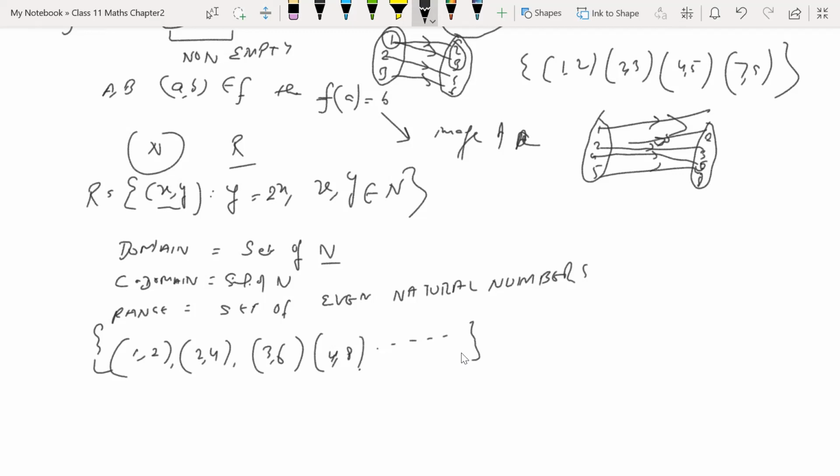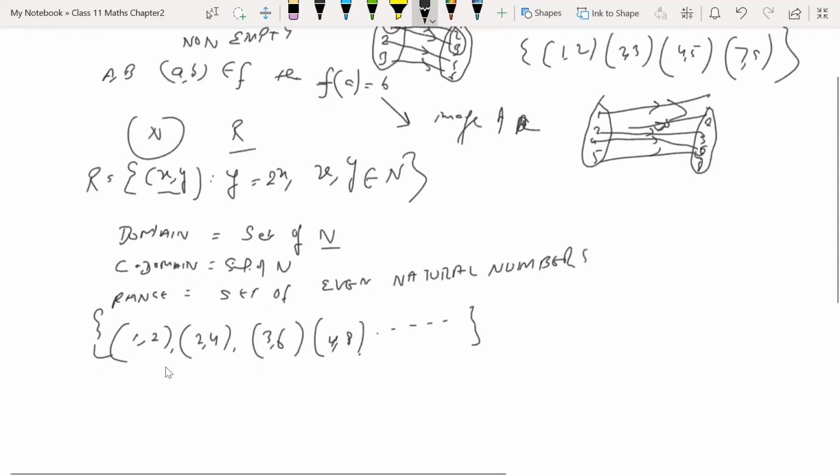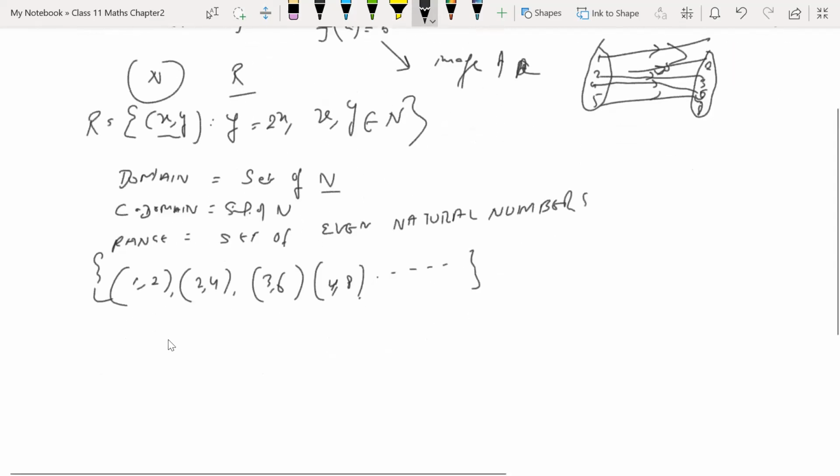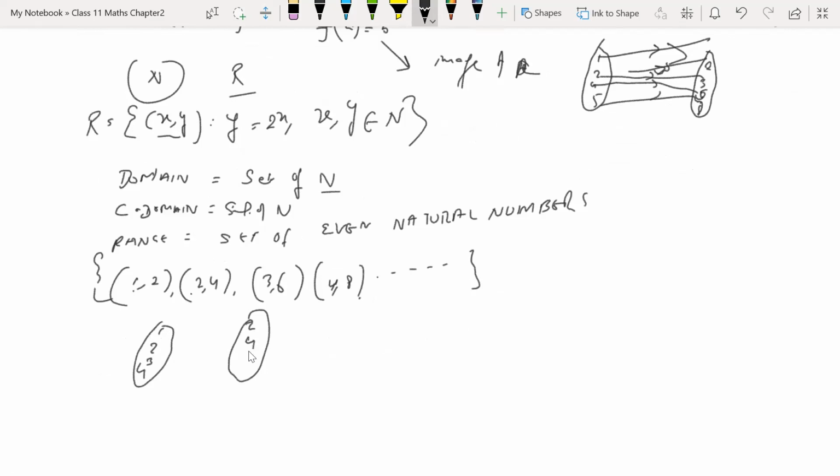This relation is a function because there is one and only one image of each first value. 1, 2, 3, 4, or you can show it graphically: 1, 2, 3, 4 and 2, 4, 6, 8.